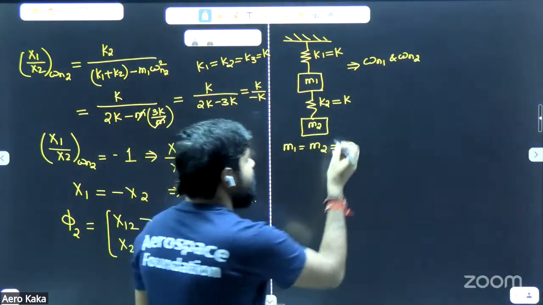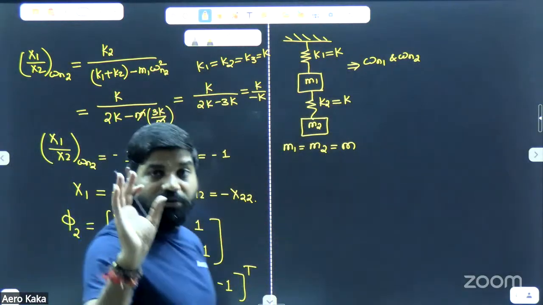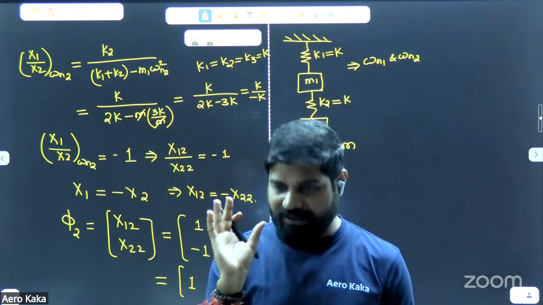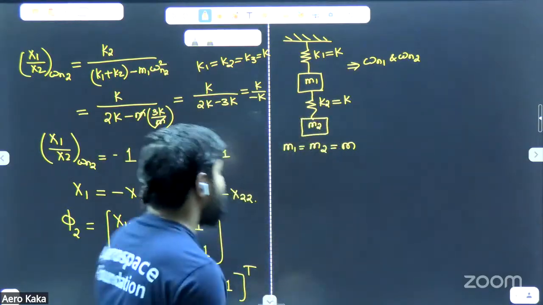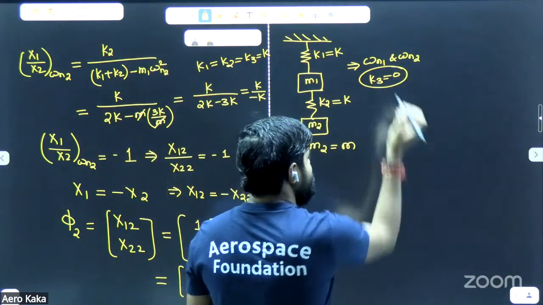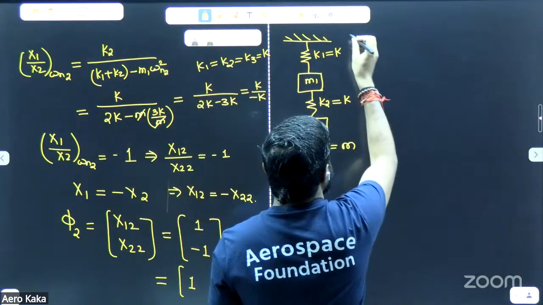It means that the third spring, if you compare with the generalized diagram which we are taking as a reference, the third spring in this case is what? Absent. Means what? K3 is 0. So just write down the frequency equation. What is the frequency equation we are having?